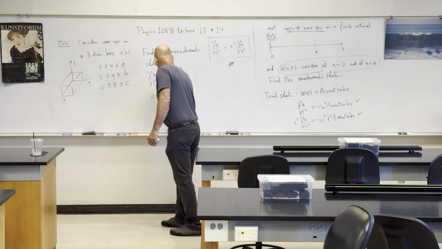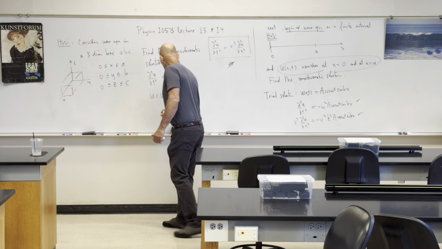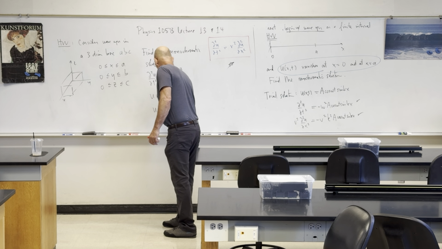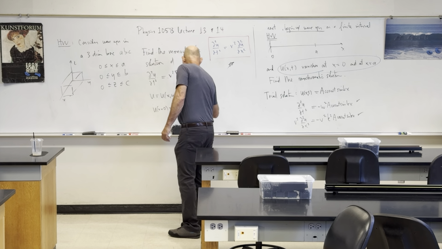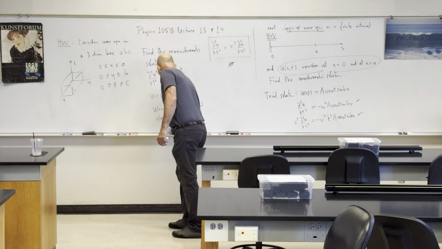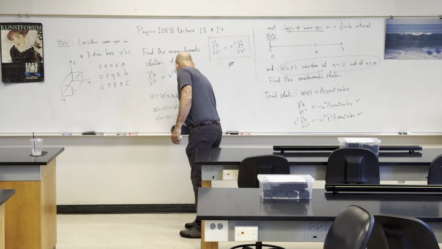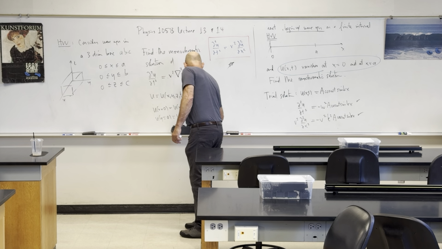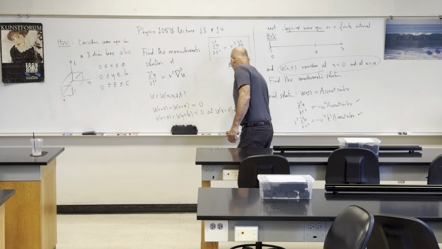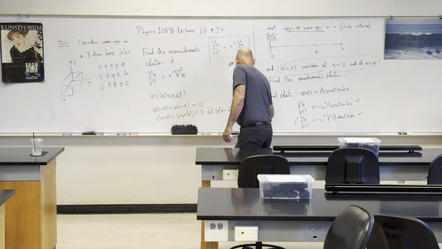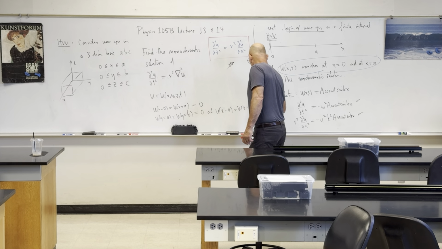We've got u as a function of x, y, z and t, with u equal to 0 at x equals 0 and at x equals a, and then the same for y: u at y equals b is 0, and u at z equals 0 and z equals c is 0.